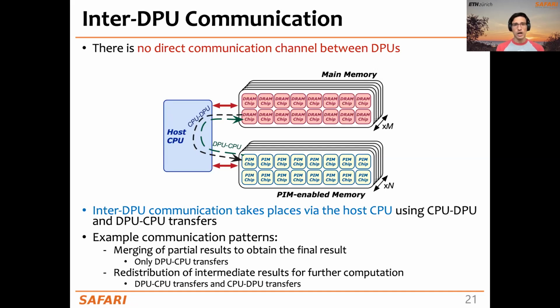Typical examples are iterative algorithms like graph processing algorithms, where, for example, in a top-down approach, we generate some output frontier at the end of each iteration of the algorithm, and in each DPU we are creating only part of the frontier, so we have to send all these parts of the frontier to the CPU for the CPU to consolidate the frontier and then redistribute it to the DPUs for the next iteration of the algorithm.